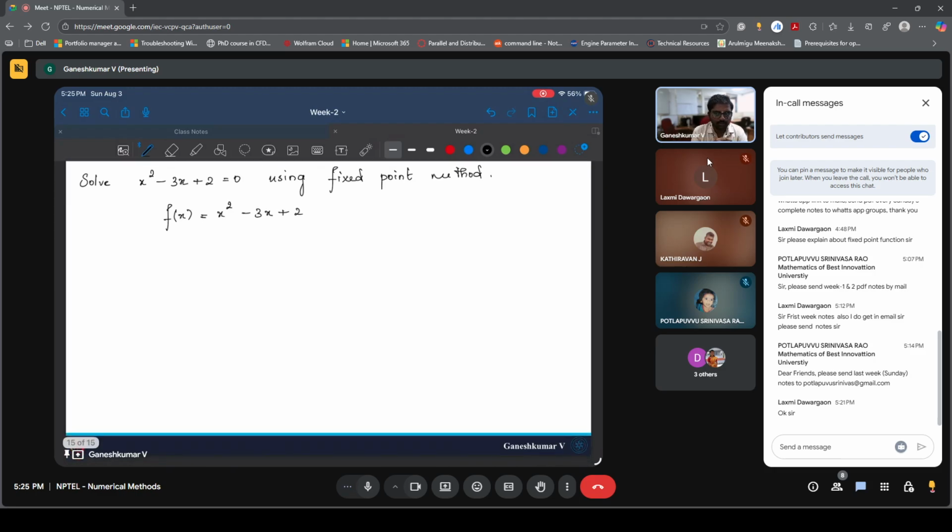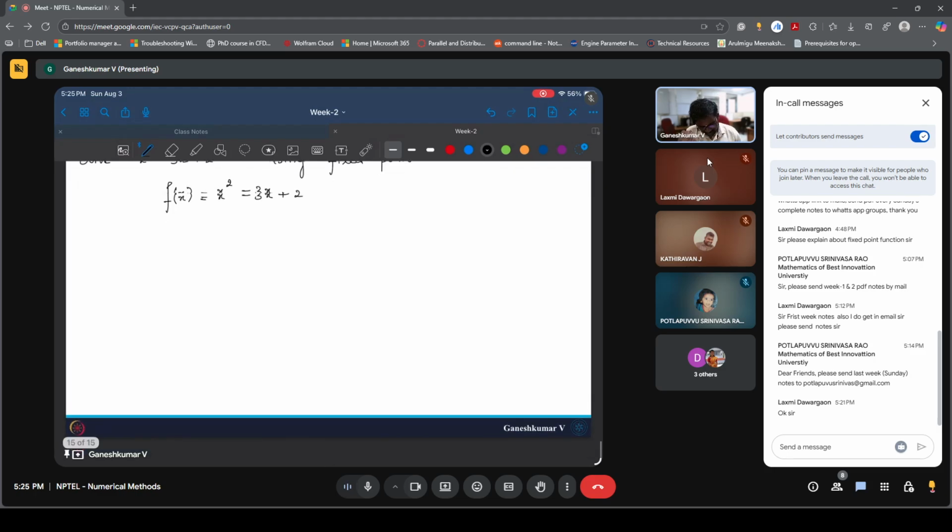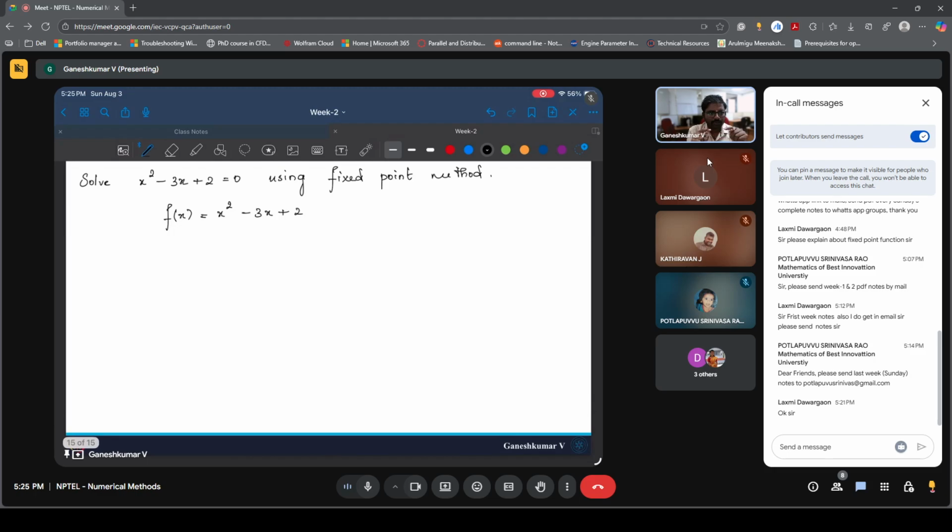So to find the root in the fixed point method, what we do is we first identify an iterative function g of x, such that the fixed point of g of x will be the root of f of x. So what does it mean?